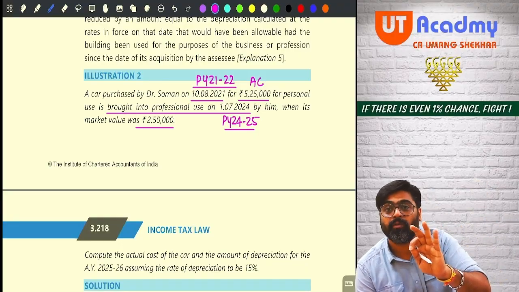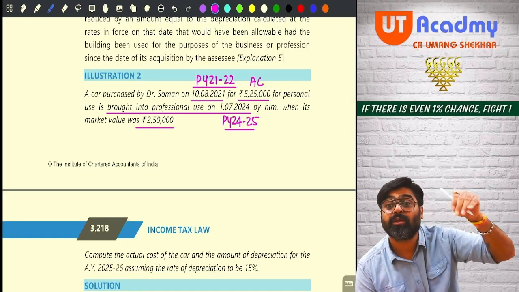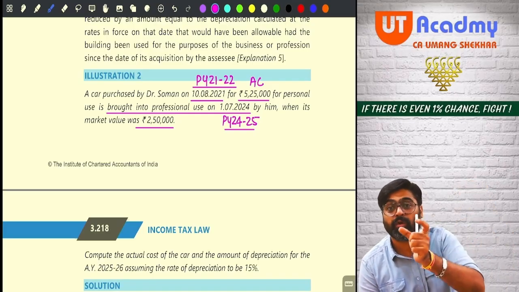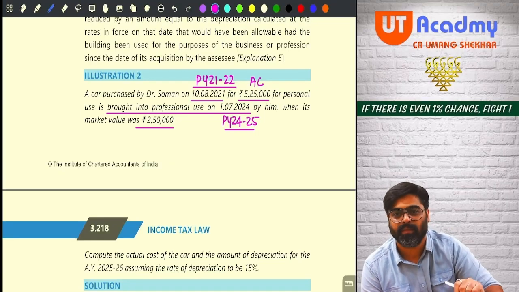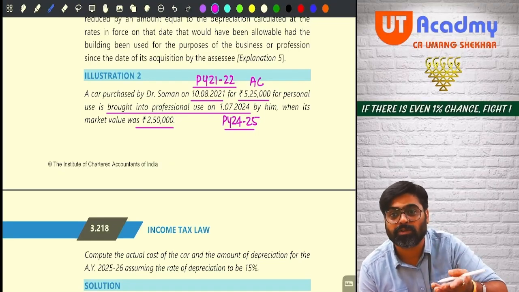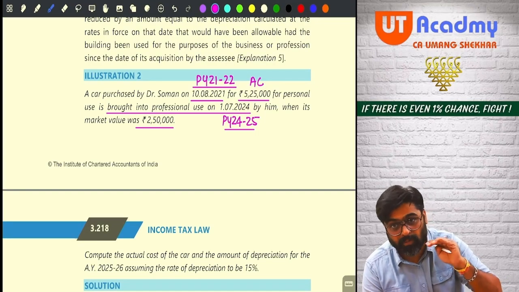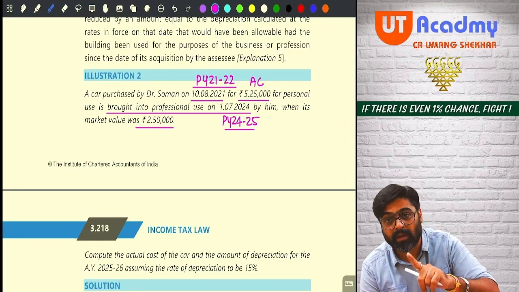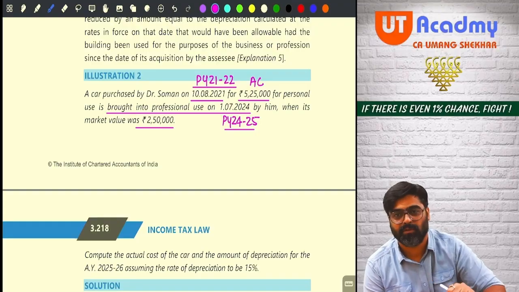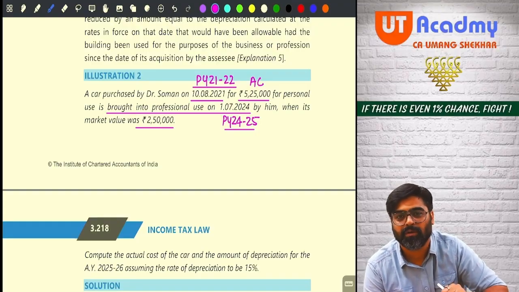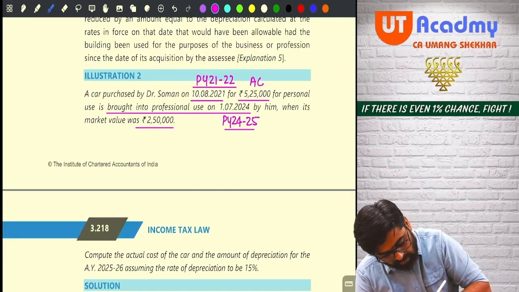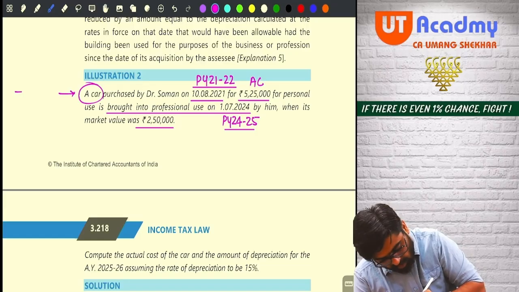Whatever WDV which was there as on 31st March 2024, that WDV would have been taken for the building as its actual cost. Now from 24-25 onwards, the depreciation would have been allowed on that actual cost of the building. Yes or no?